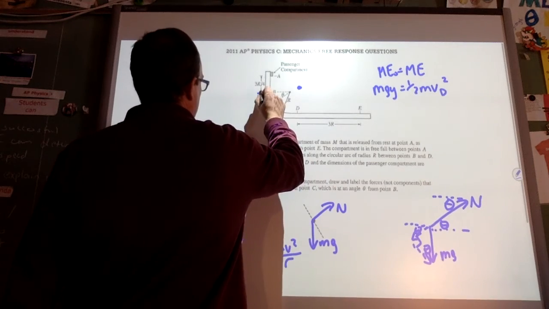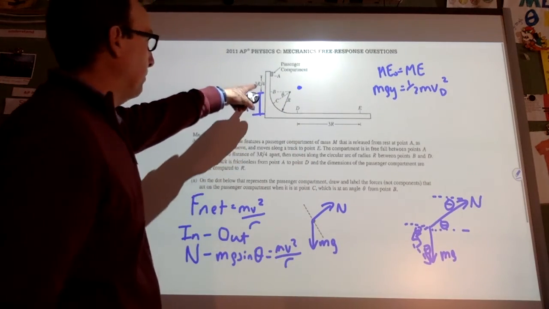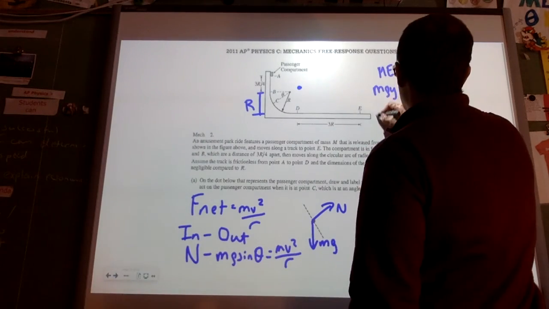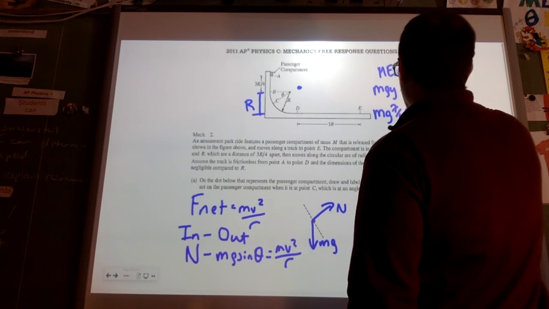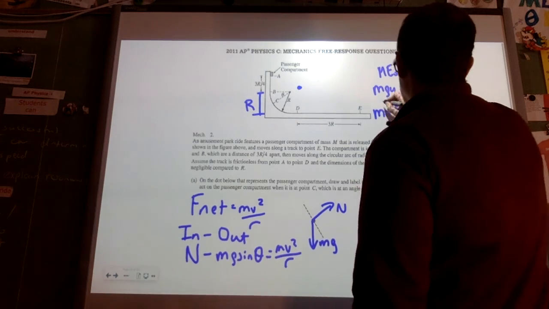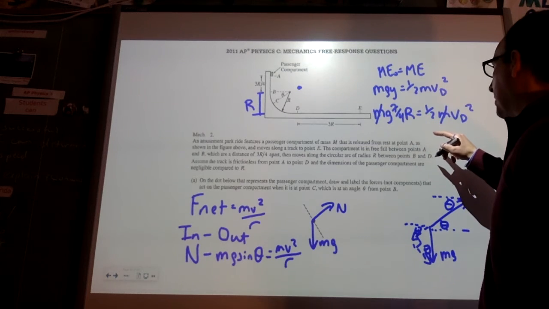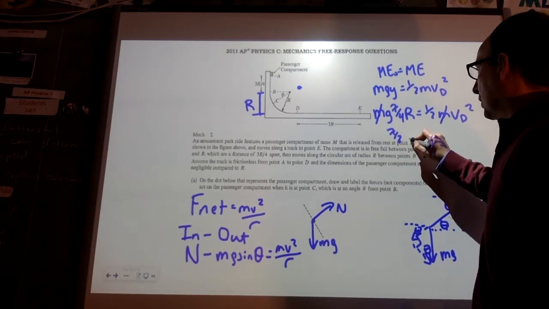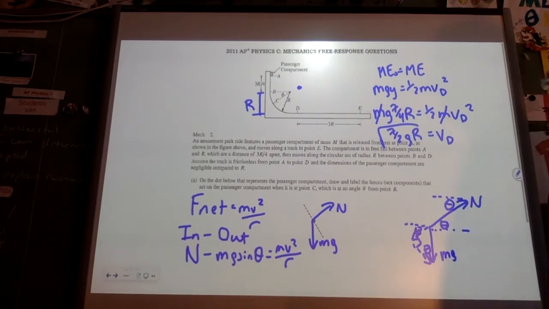And we're saying that the total height is R plus 3R over 4. So that's going to be 7R over 4. So I have mg 7 over 4 R equals 1/2 m VD squared. So I'm going to cancel that away. I'm going to multiply both sides by 2. So now I'm going to have 7/2 gR square rooted would be VD.